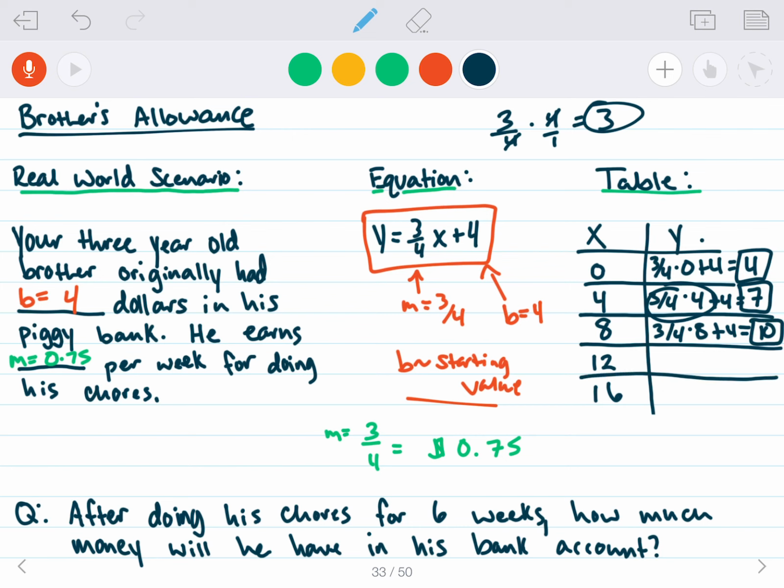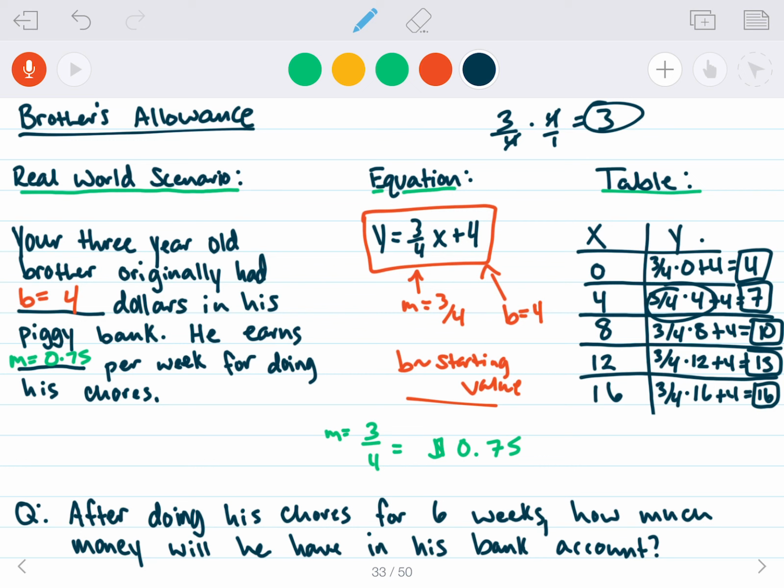When x is 12, we have 3/4 times 12 plus 4 is 9 plus 4 is 13. All right, and when x is 16, we have 3/4 times 16 plus 4 is 16.